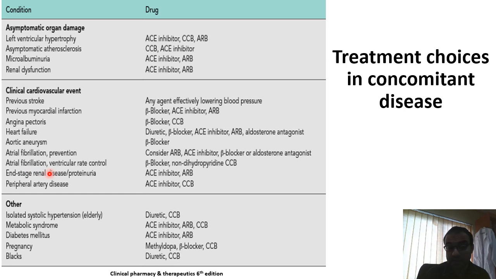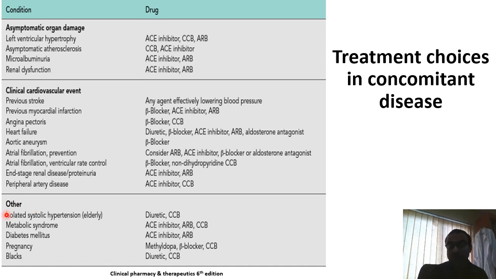In end-stage renal disease or in renal failure, the ACE inhibitor or an ARB can play a role. A patient with arrhythmia, atrial fibrillation, ventricular rate control, can benefit from an antihypertensive agent with rate control properties like beta blocker and non-dihydropyridine CCB.